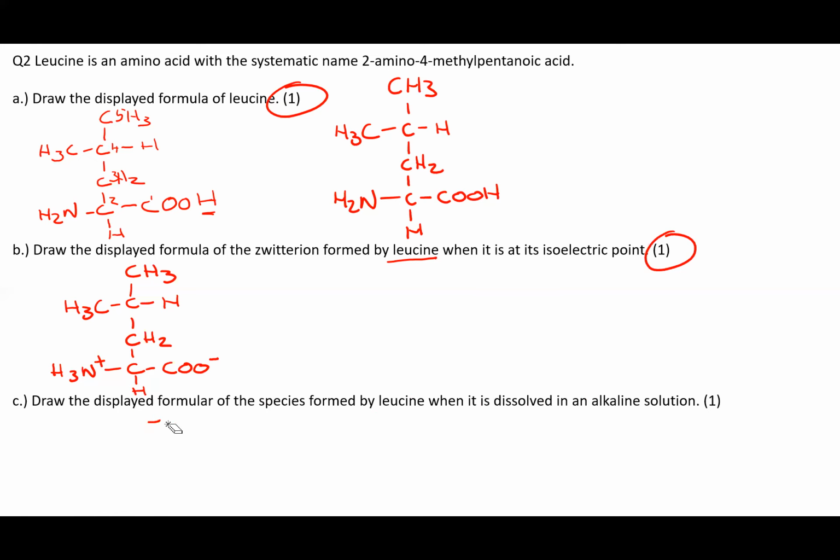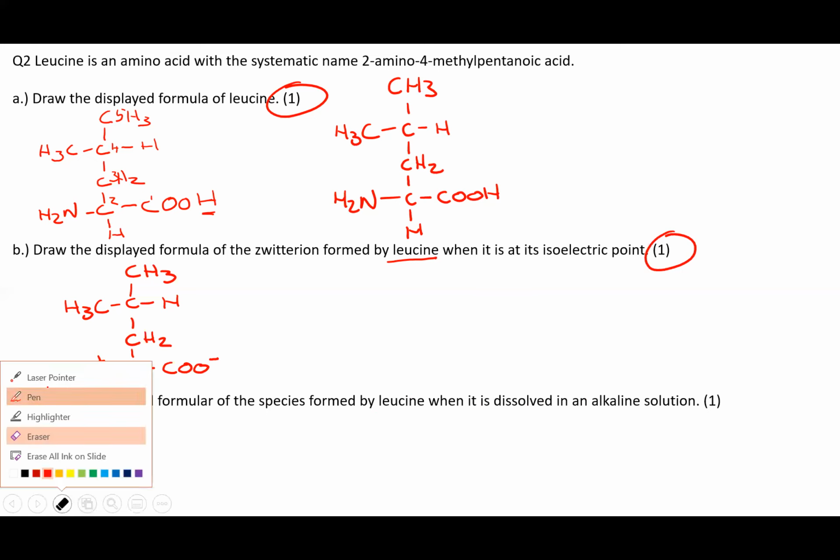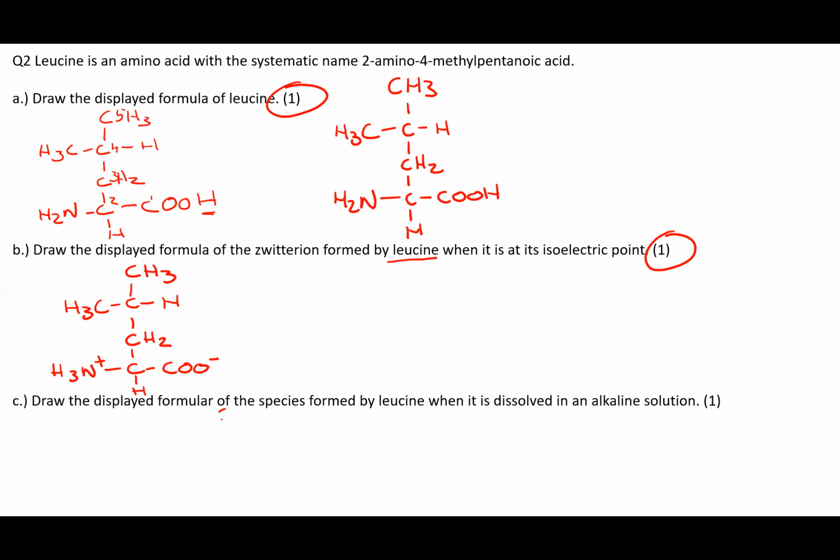Let me try drawing that again. Again, methyl group not going to change. Your amino group is going to look like normal. You're just going to have COO negative there. So that was an overview on amino acids.